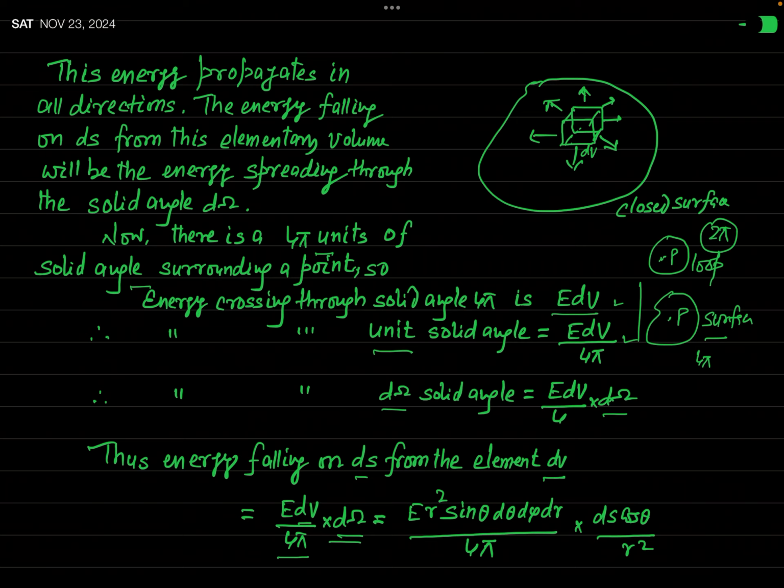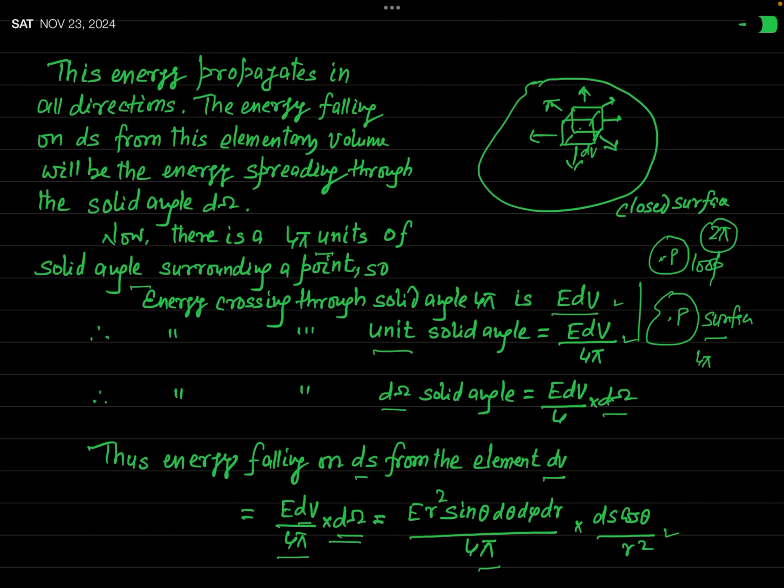After substituting, this expression becomes E times r square sine theta d theta d phi dr over 4 pi times ds cos theta over r square. Okay. This is the energy falling on the surface ds from the element dV.